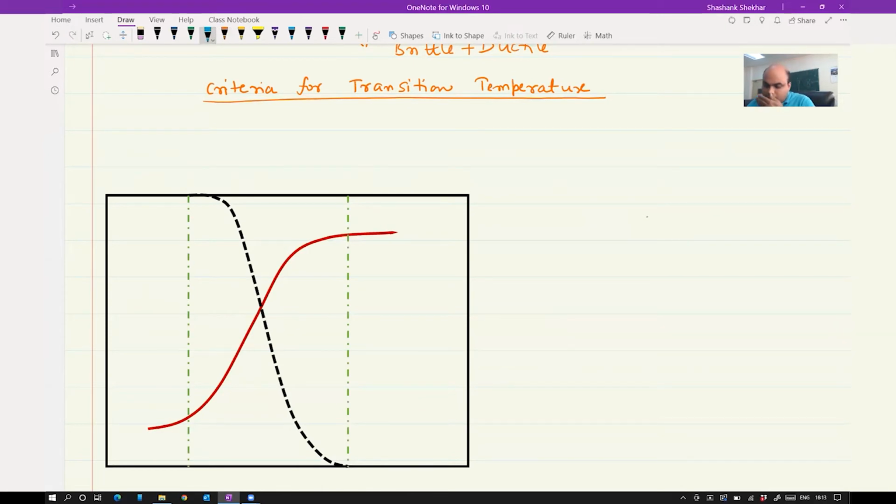Okay. So here we have two terms, if you see.